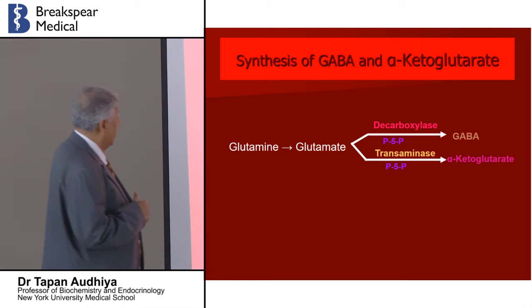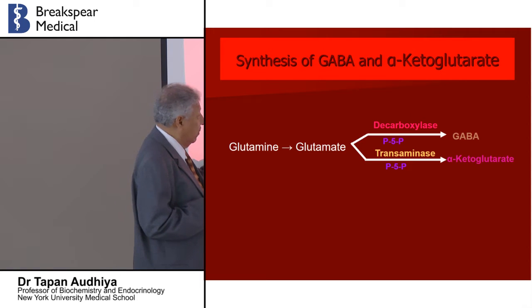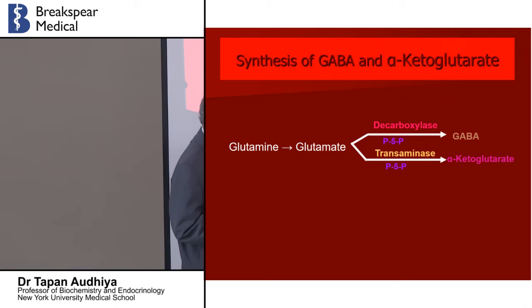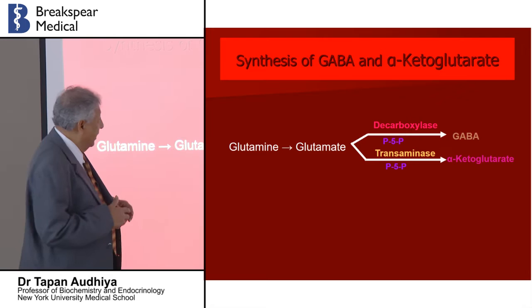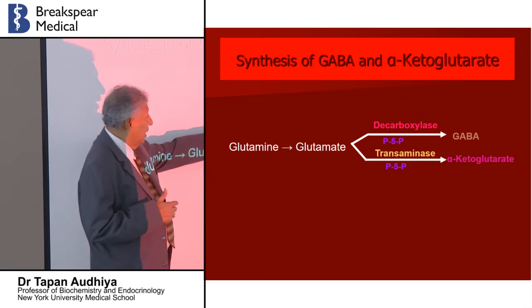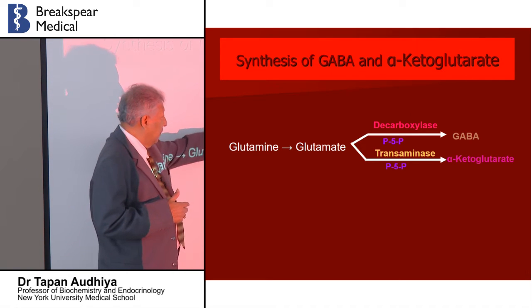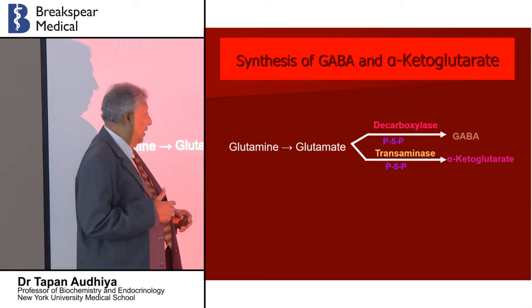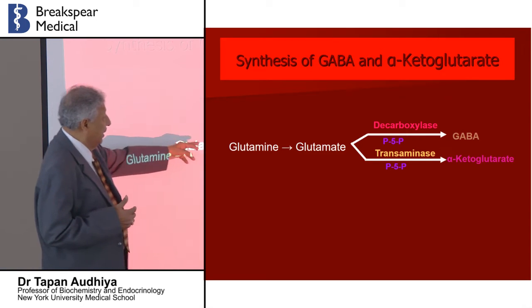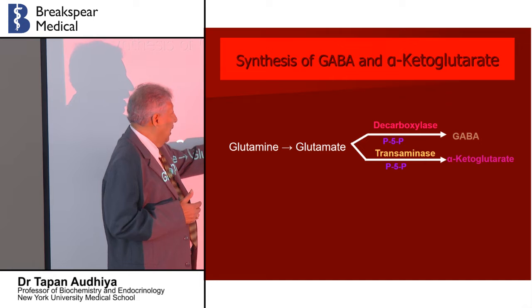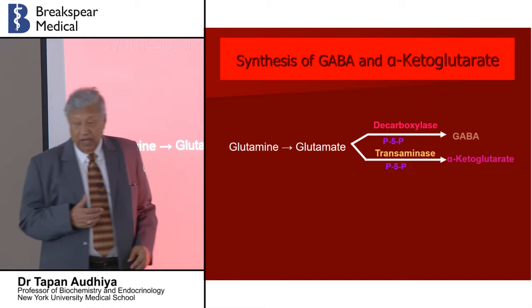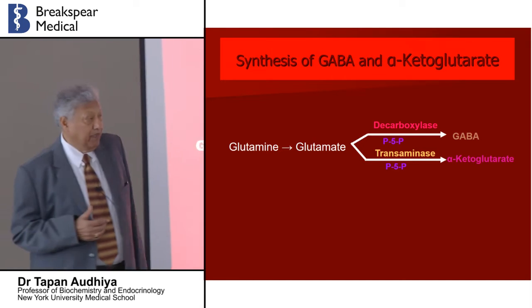So what happens is, you take glutamine or glutamate, and it converts into GABA and also alpha-ketoglutarate. In the brain, there are two enzymes, glutamate decarboxylase and glutamate transaminase. Now, glutamate transaminase makes alpha-ketoglutarate and decarboxylase makes GABA. Both require P5P.